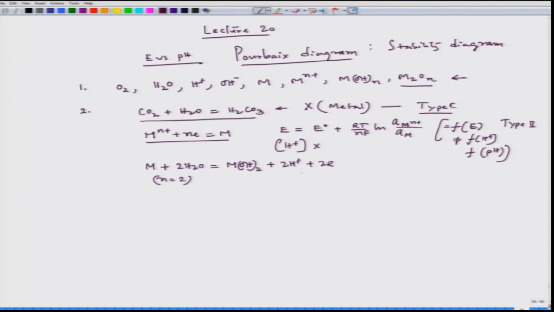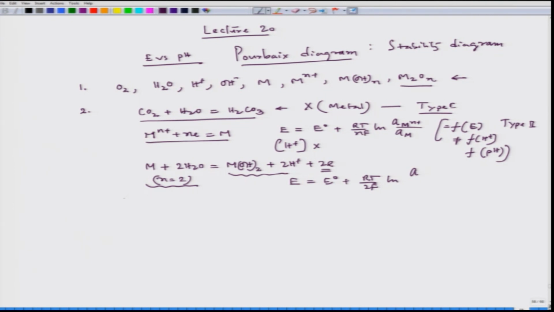Here also we can express this reaction in terms of the Nernst equation, RT by 2F, since the number of electrons involved for this reduction process is 2, ln activity of oxidant. Now, here the oxidant part is this part and the reductant part is this part.